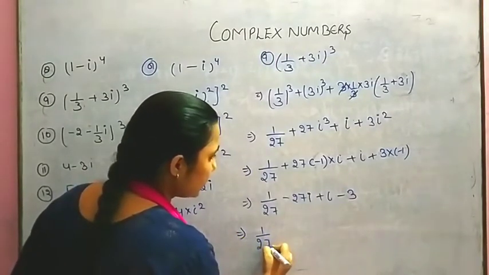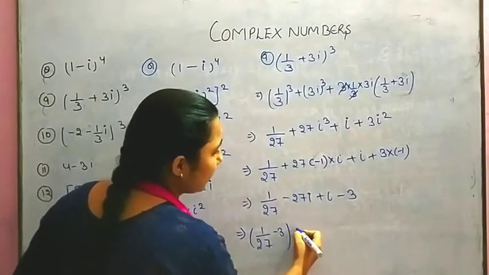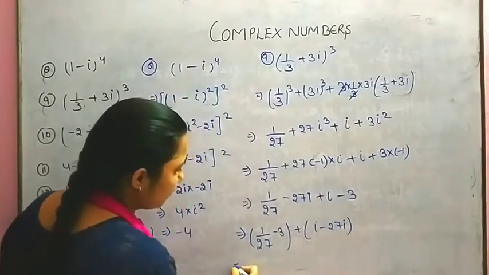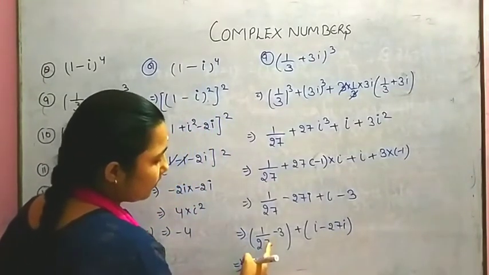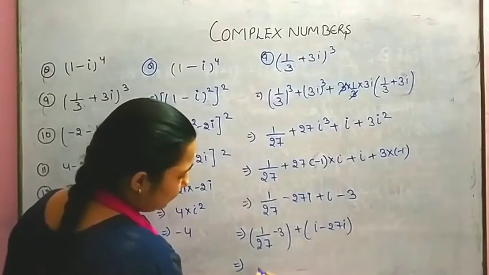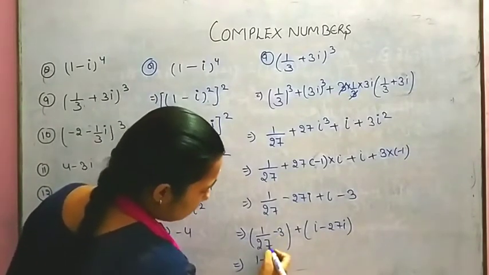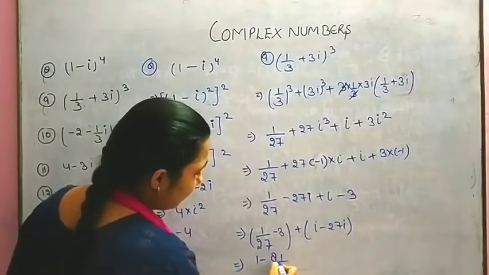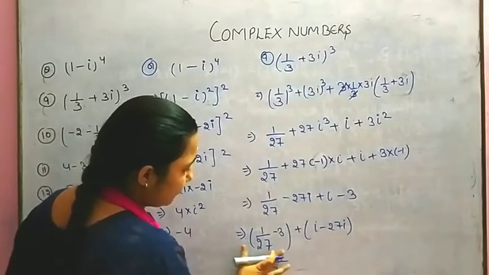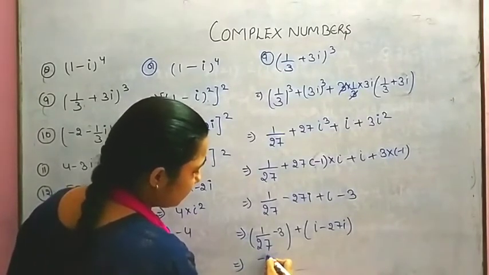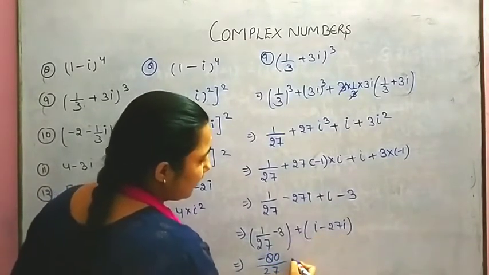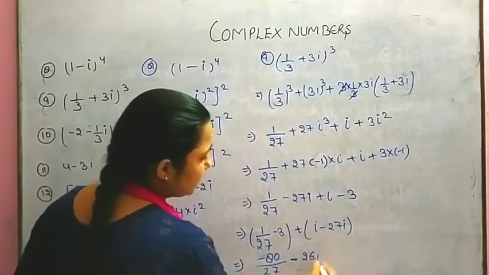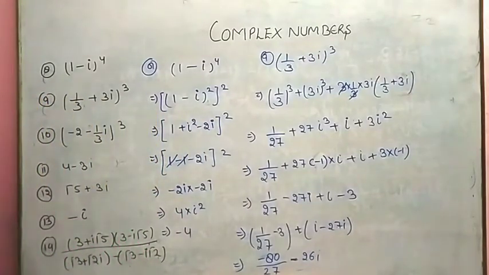We get 1/27 minus 3 and plus i minus 27i. So after solving this, 27 multiplied by 3, we get 81, so 1 minus 81 over 27, that means minus 80/27 we get. Correct? Now 27i and minus i, we get minus 26i. This is the solution.